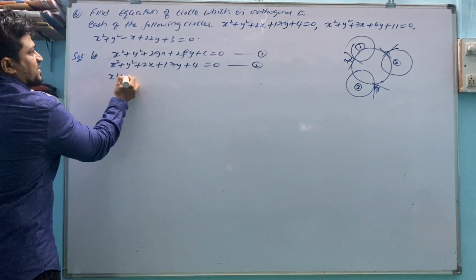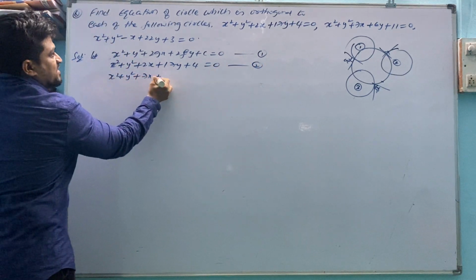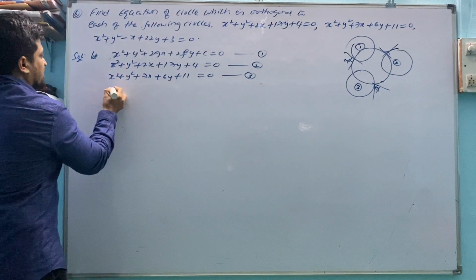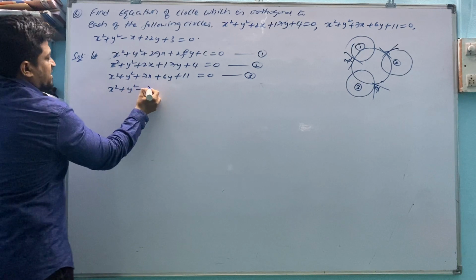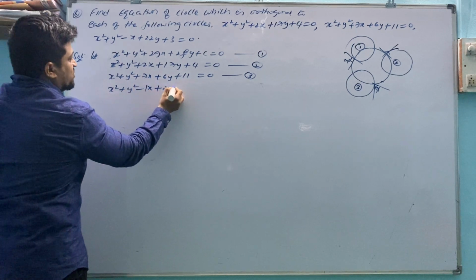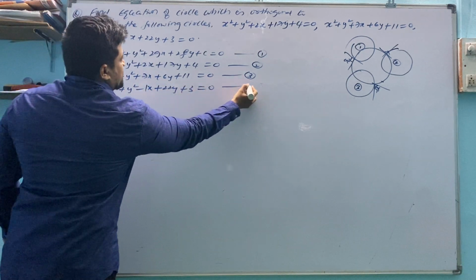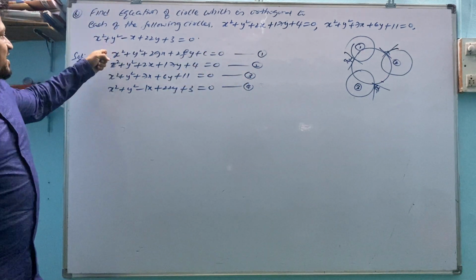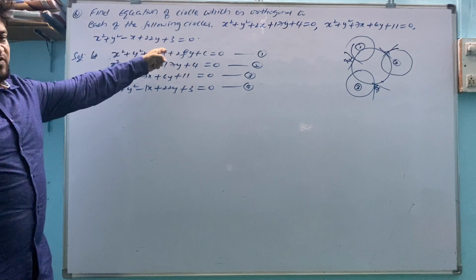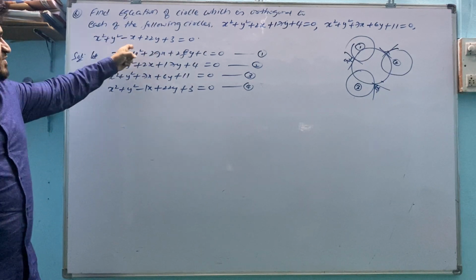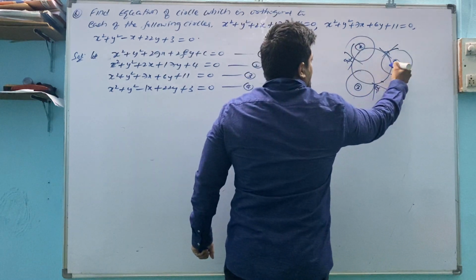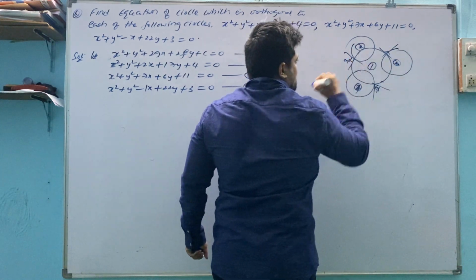Then x square plus y square plus 7x plus 6y plus 11 equals 0. Then x square plus y square minus 1x plus 22y plus 3 equals 0. In the question 3 circles are given. Let the equation of the circle be this one, the first one. What we need to find is the first equation. Second, third, fourth. This is our first equation.